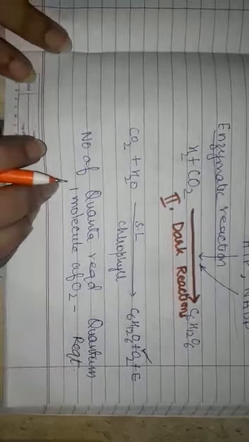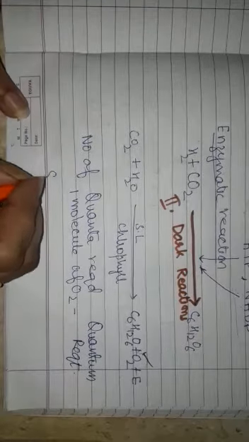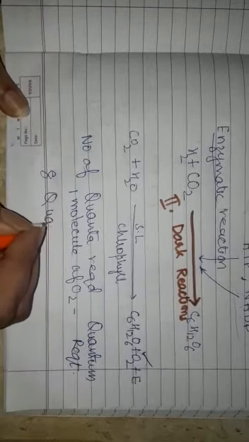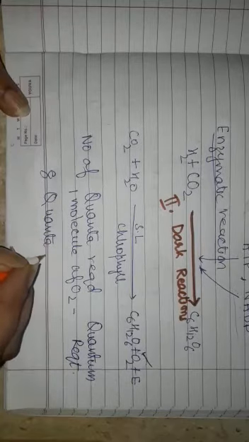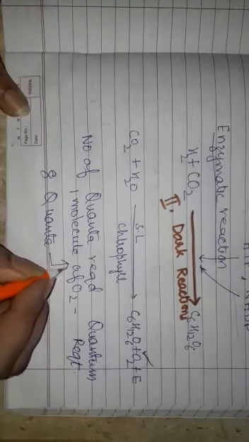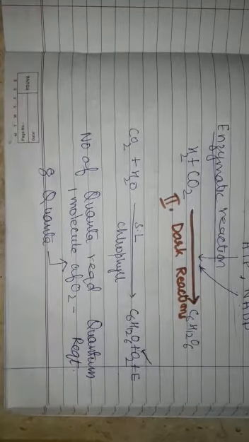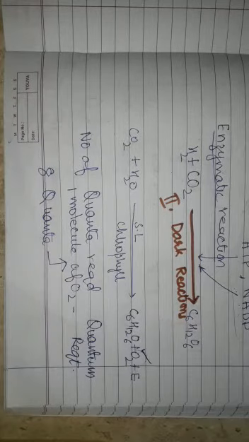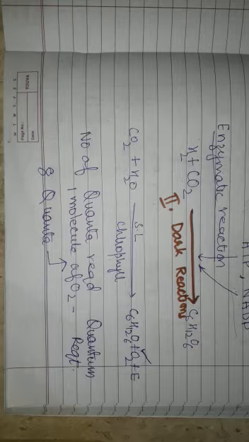And it has been established that 8 quanta are required to evolve one molecule of oxygen. So this is the quantum yield or quantum requirement.